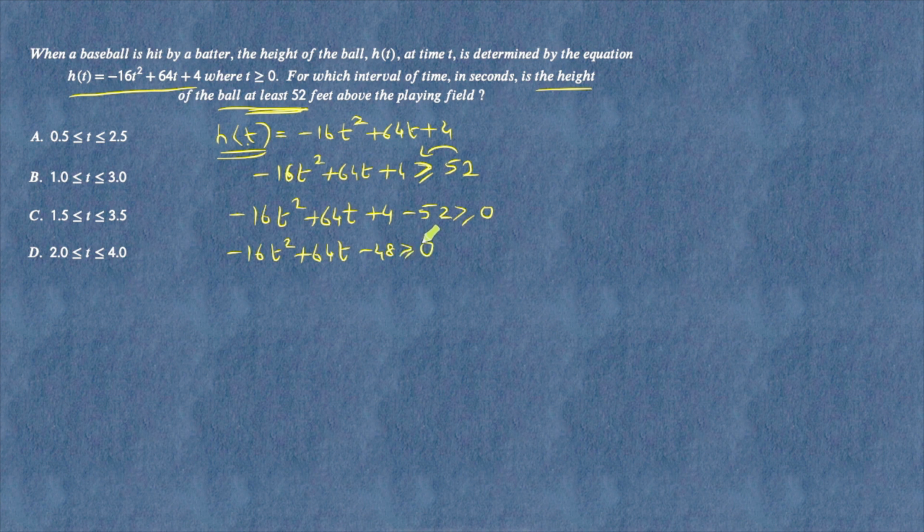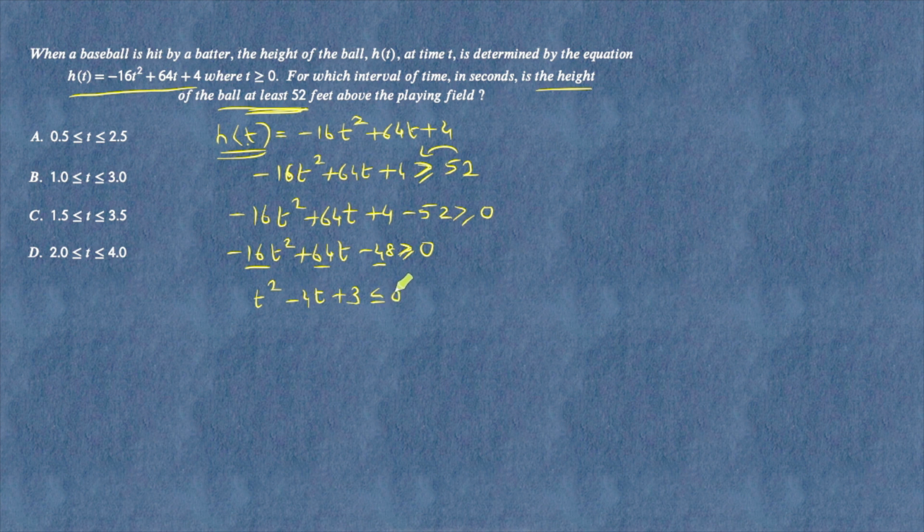We want a positive sign in this one, so divide this entire thing by minus 16 since that's a factor here. Since we are dividing it by minus 16, the inequality here will change. So this will become t square minus 4t plus 3, and this greater than or equal to 0 will become less than or equal to 0.